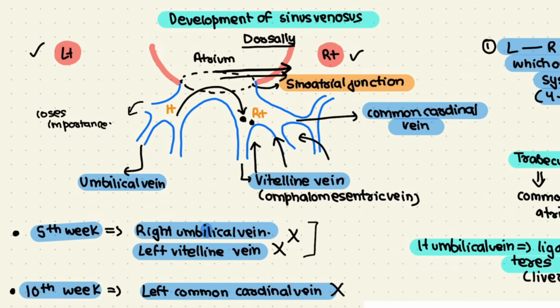As the right sinus horn gains importance and the atrium starts to grow, now it has grown till here, so it will incorporate this portion of the right sinus horn.